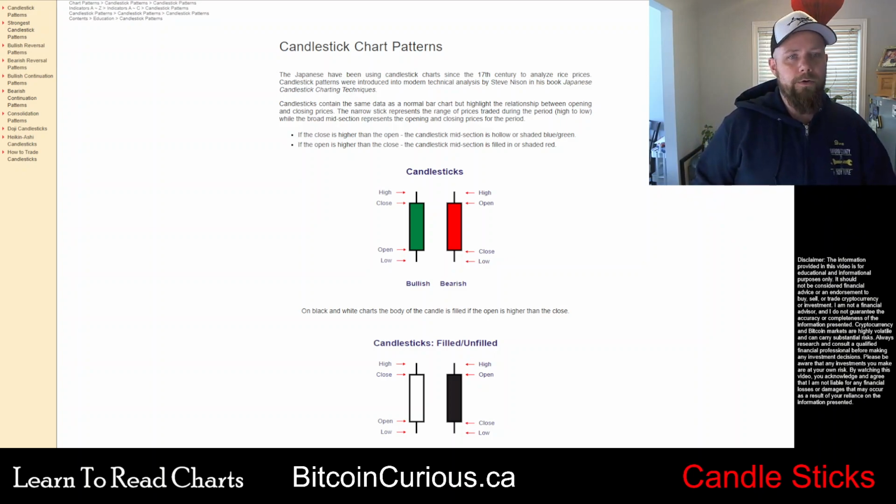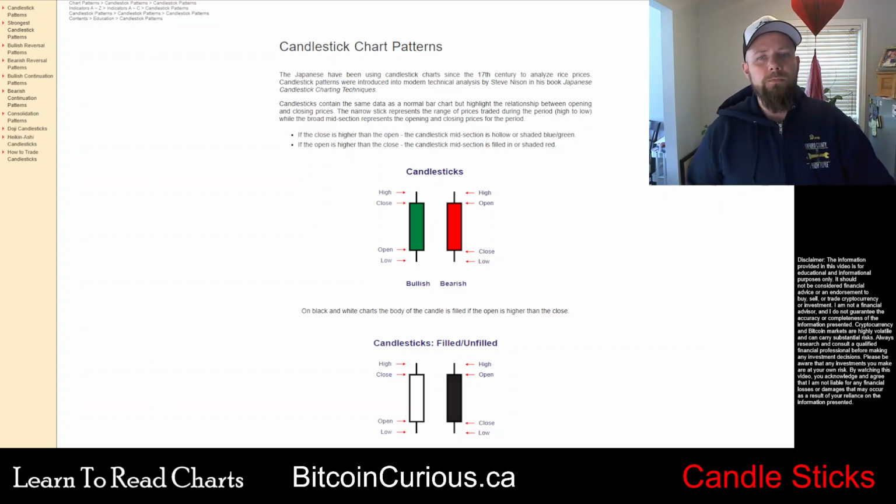Candlestick chart patterns. The Japanese have been using candlestick charts since the 17th century to analyze rice prices. Candlestick patterns were introduced into modern technical analysis by Steve Nison in his book Japanese Candlestick Charting Techniques. Candlesticks contain the same data as a normal bar chart, but highlight the relationship between opening and closing prices.